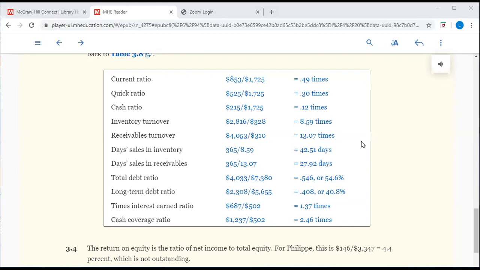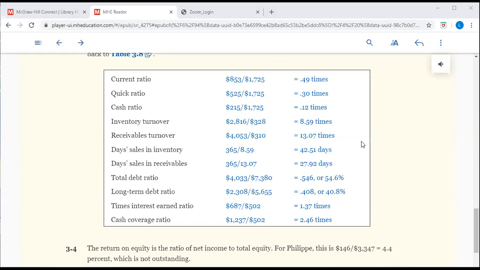So that would be 2308 plus 3347 gives us 5655. Divide that into 2308. So of all of our long-term investing, that's the owners and the long-term debt, 40% is in long-term debt.